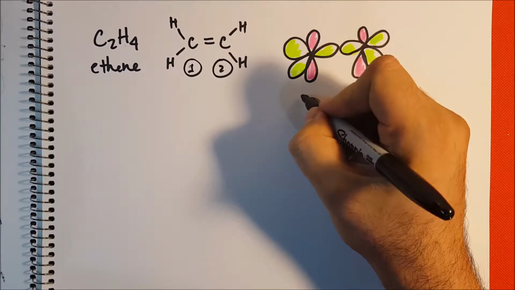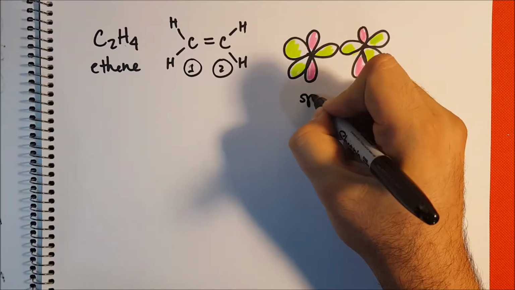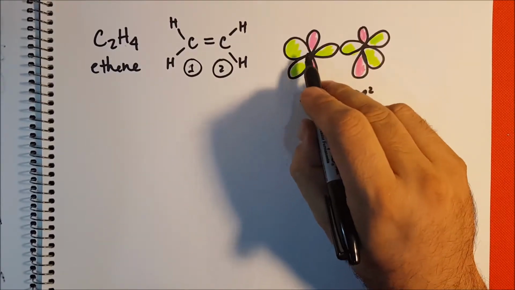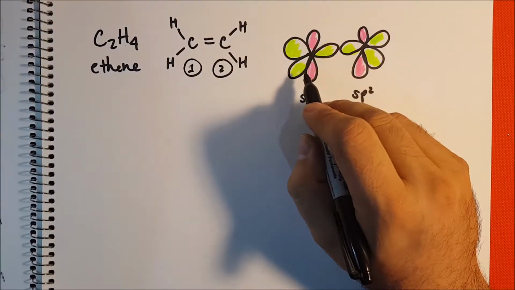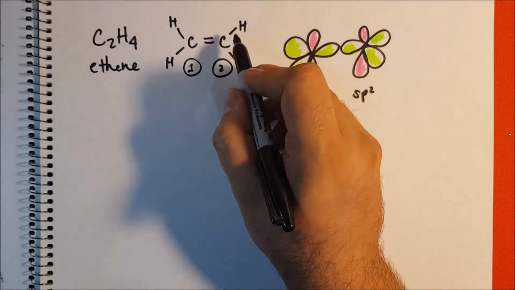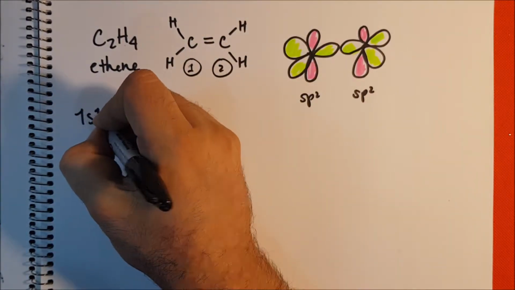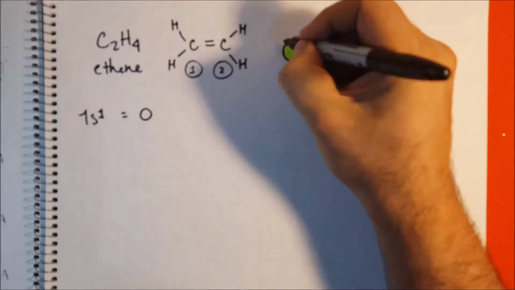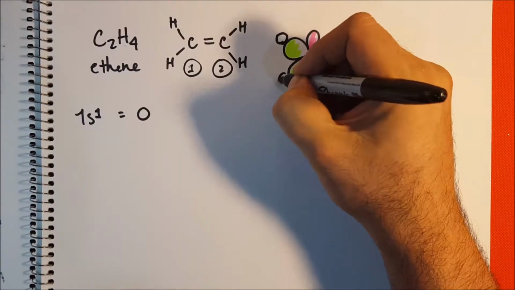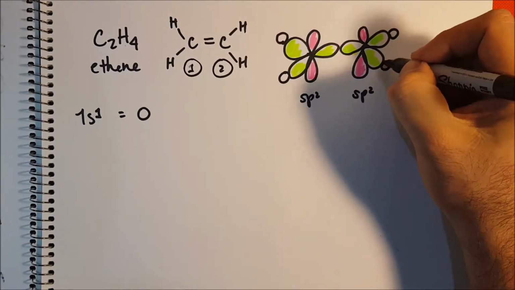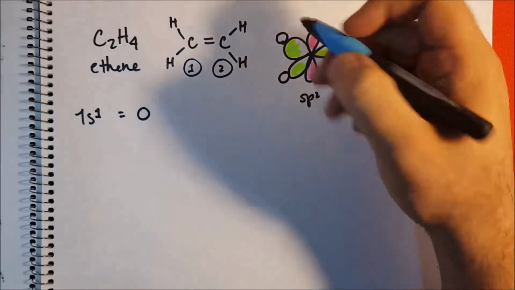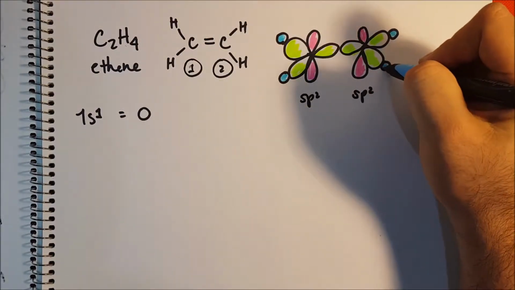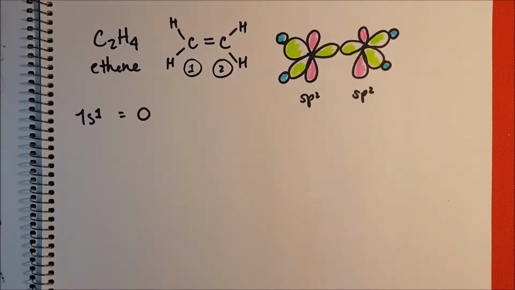So here we have an sp2 carbon with another sp2 carbon with 3 hybrids each and 1 non-hybridized item. What are we missing? Hydrogen. Hydrogen's configuration is 1s1, meaning that it only has an s orbital present. So we're going to represent that joining here at the edges as a little sphere, which I'm going to code in blue. And this is basically our complete molecule.